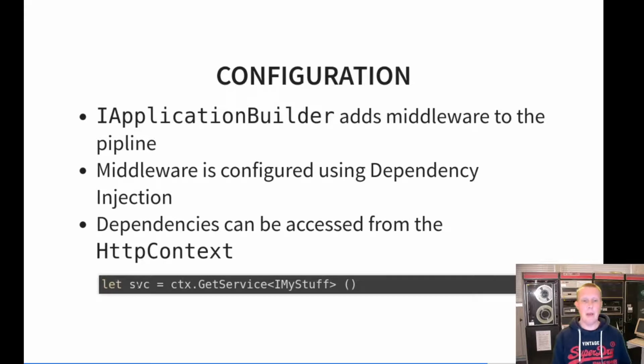So this could be a JSON serializer, deserializer. It could be some authentication thing. It could be, who knows, a logger. You can put anything you like in there, really, that you might need at some point. Quite convenient, really, but slightly mind-bending for your head.